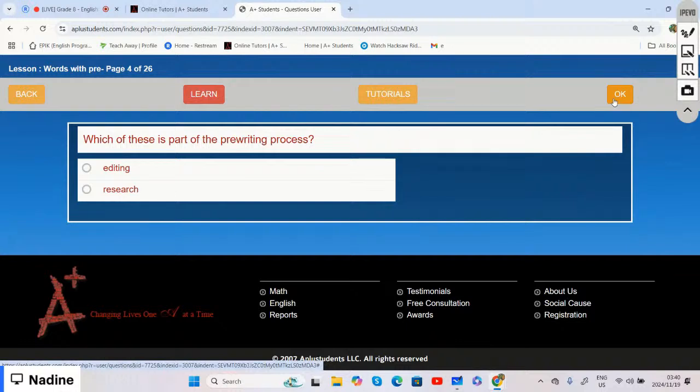So, option one, editing, or option two, we need to research. That is now part of the pre-writing process.